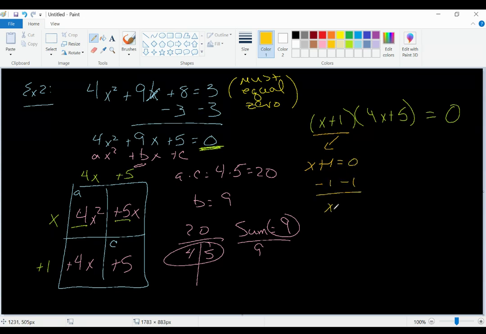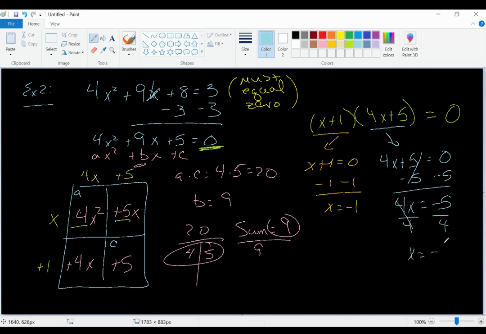Solve for x, you get x equals negative 1. Now, do the same thing with the other set of parentheses. 4x plus 5 equals 0. Subtract 5 from both sides. Then divide by 4. Get x equals negative 5/4.